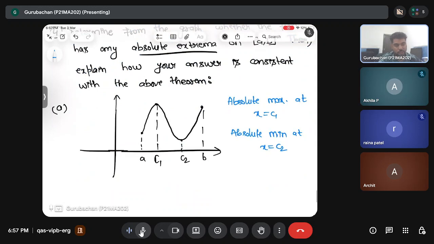So here the function is continuous at every point of this domain A to B. Yes, sir. AB is a compact closed interval. So that means it must have attained its absolute maxima and minima, and you are already telling them at C1 and C2. Is it clear?